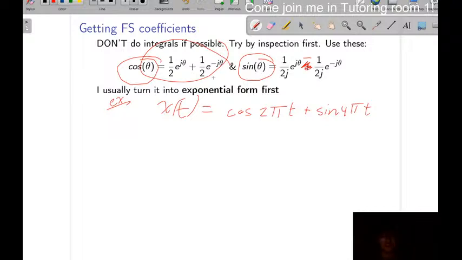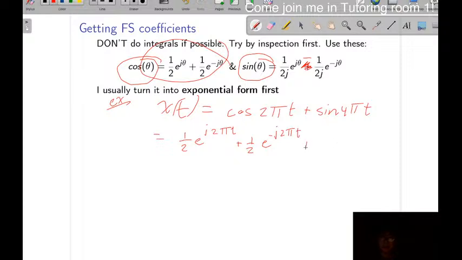This should be a formula that you might remember. So I'm just going to break this up into complex exponentials. So 1/2 e to the j 2 pi t plus 1/2, still on the cosine, e to the minus j 2 pi t.